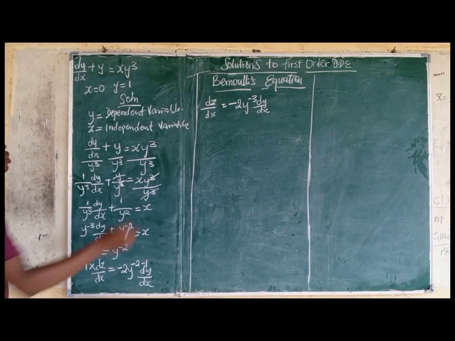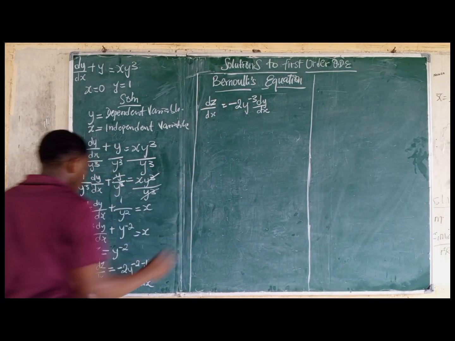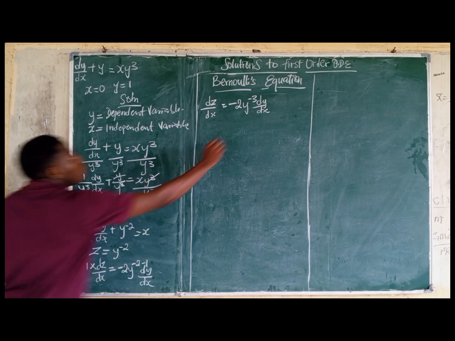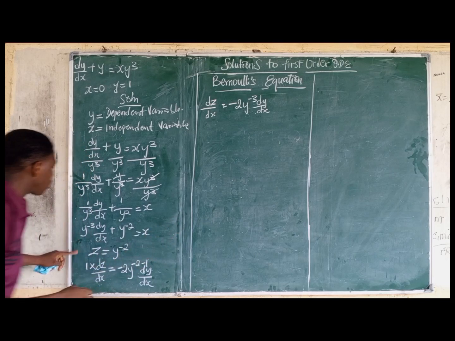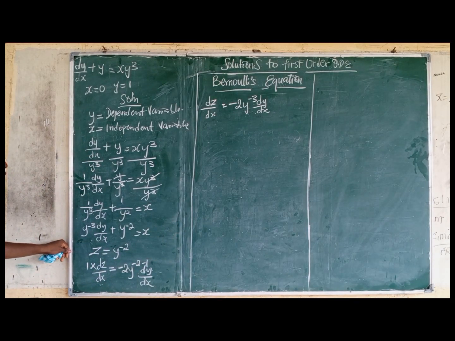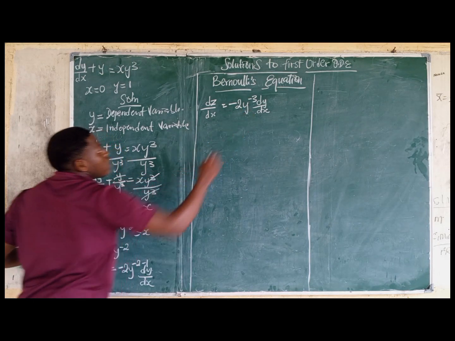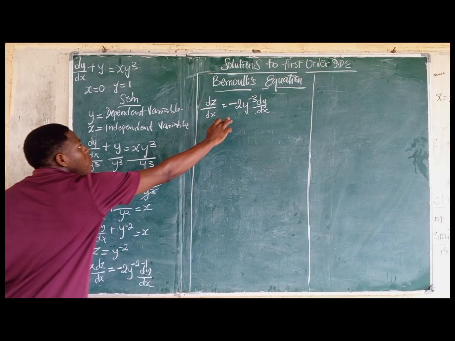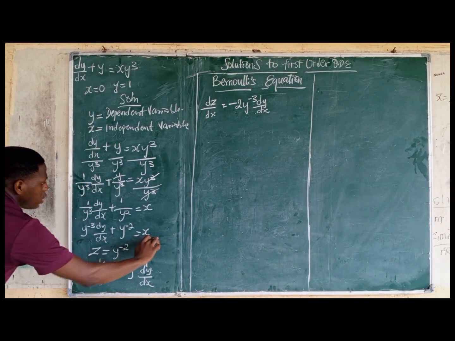Now, look at this equation and look at what we have here. What is the difference between what we have here and what we have here? You can see that there is a slight difference between this and this. What is the slight difference? The slight difference is the minus 2. So can we use the minus 2 to multiply throughout this equation?